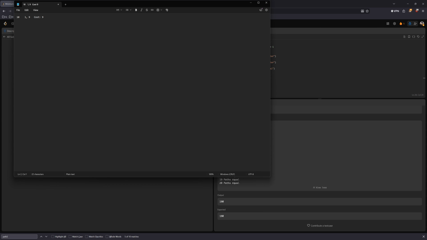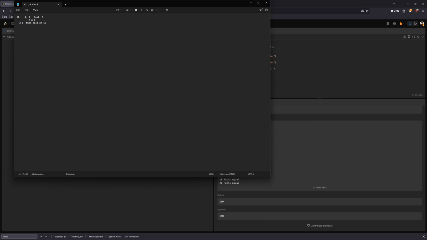But if we split this into 2 and 8, then it is a cost of 16. But look, 9 would decompose into 7 and 1, which is 14 plus 9.